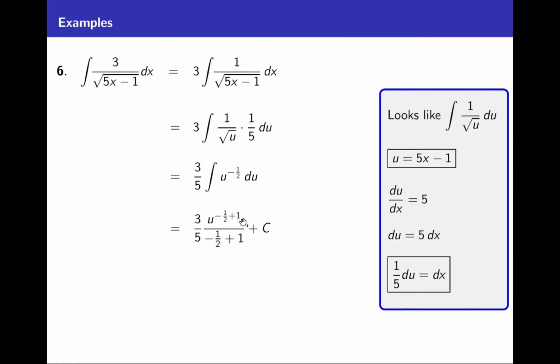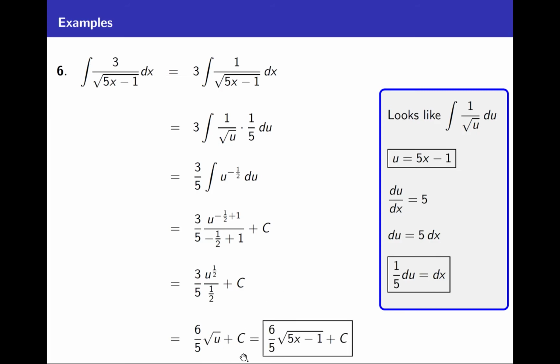So we get this. Simplify those fractions. And simplify further. The answer is 6/5 square root of u plus c. Now, of course, we're not completely done because we now have to plug in the u equals 5x minus 1 here. But doing so gives us our answer, 6/5 square root of 5x minus 1 plus c.